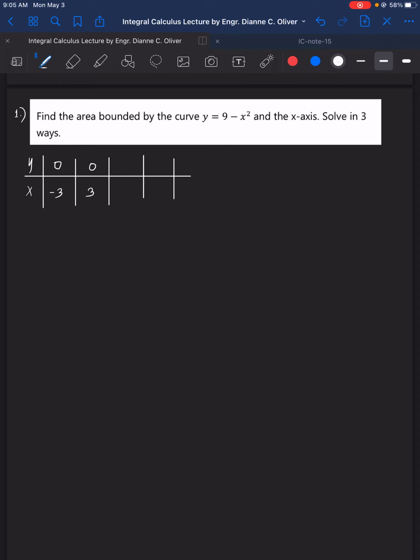It's because if you have 0 is equal to 9 minus x squared, it becomes x squared is equal to 9. Square root of 9 is negative 3 or 3. Next, if we put x as 0, the value for y is 9.